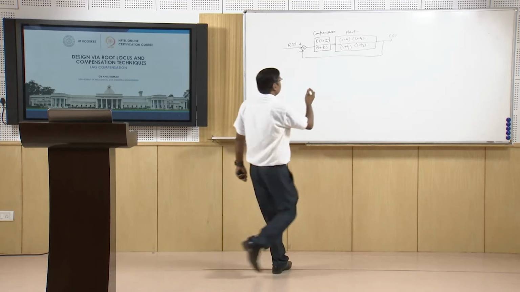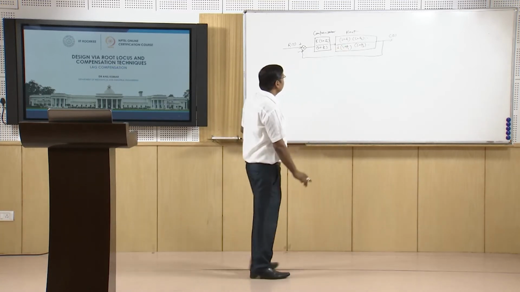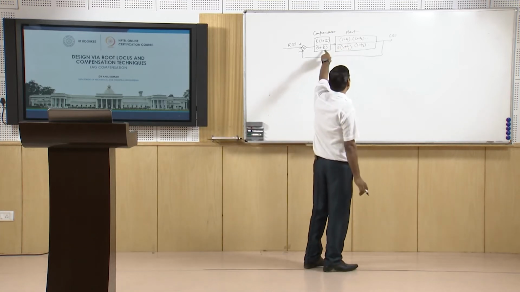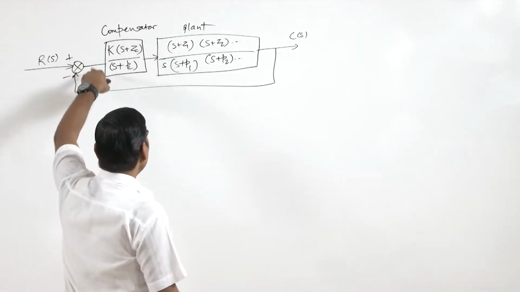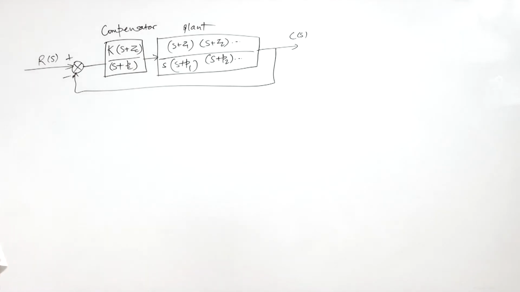So let's take, in the beginning, a type 1 system. This plant is a type 1 system because there is one pole at the origin, and we want to add a compensator for this type 1 system.